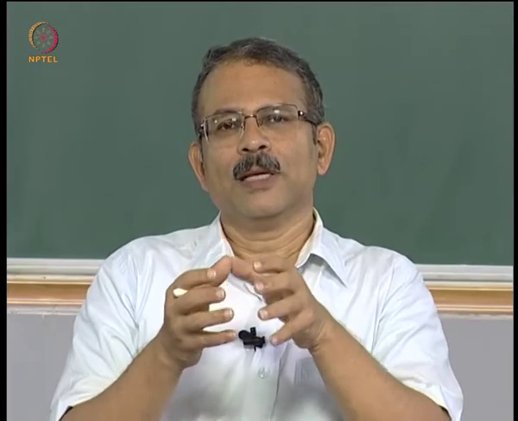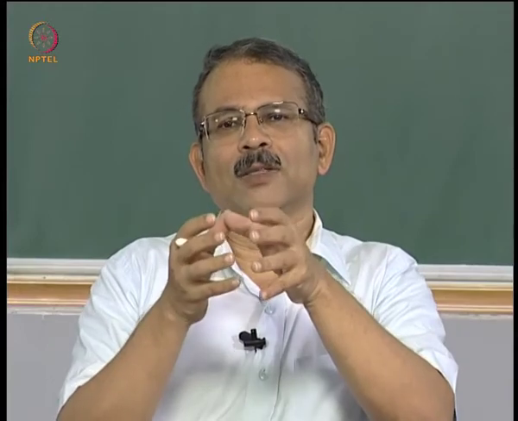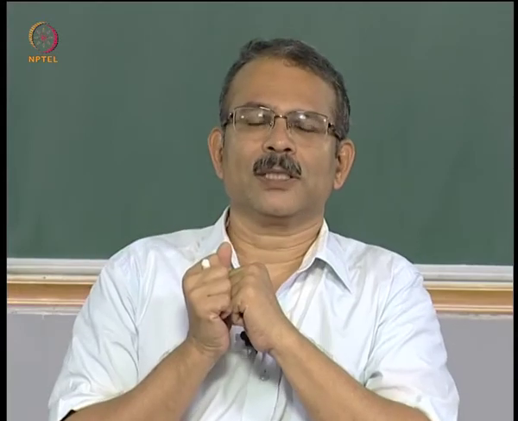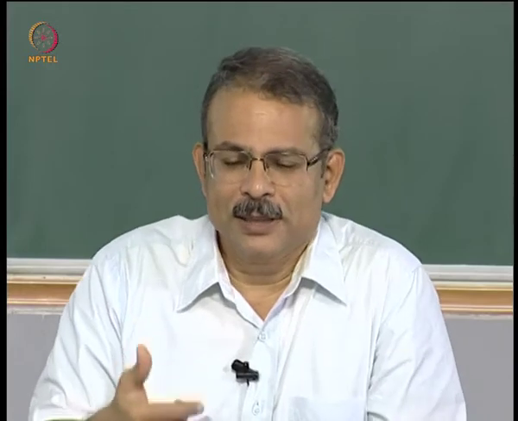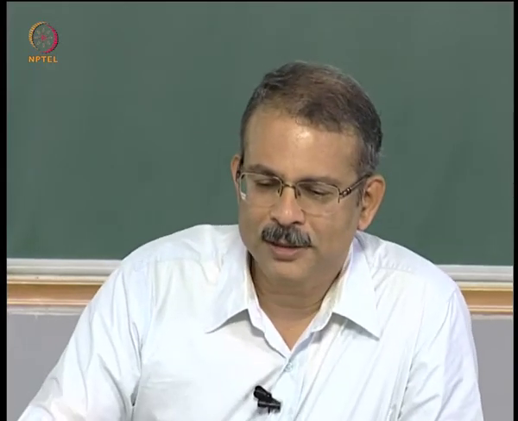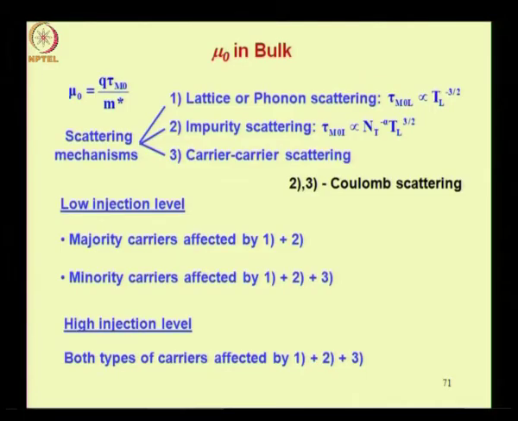So we will say, using this nomenclature, that under high injection level the majority carrier concentration is almost same as minority carrier concentration, whereas strictly speaking we should not identify any of the carriers as majority or minority. Now since both carrier concentrations are high in high injection level, they affect each other, they scatter each other, therefore all the 3 mechanisms of scattering are important, and it will reduce the mobility below the low injection value.